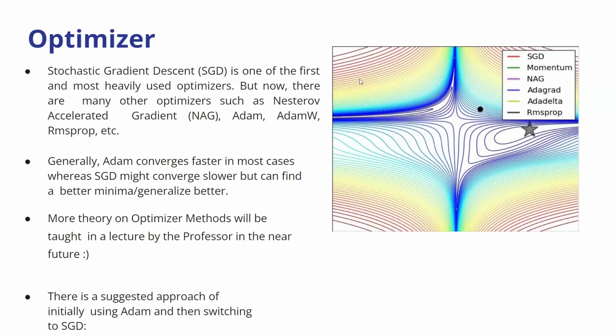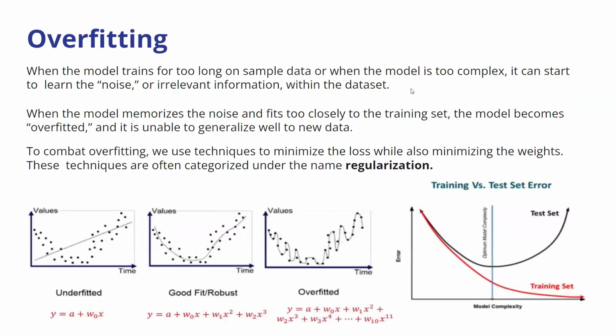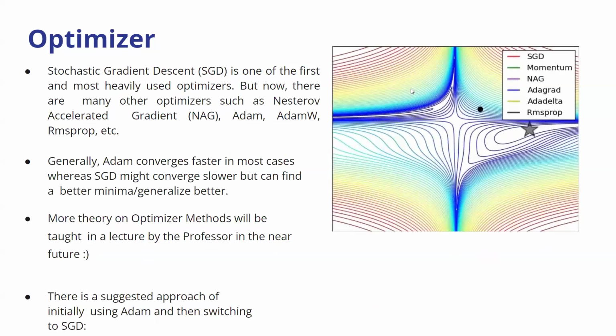For example, if it's been going down in one way and it's not improving, it doesn't have a bigger picture of the whole landscape, because it lacks something called momentum, which is like running statistics over time. It tells it, you've been going this way and you've been descending, so you can keep going this way.